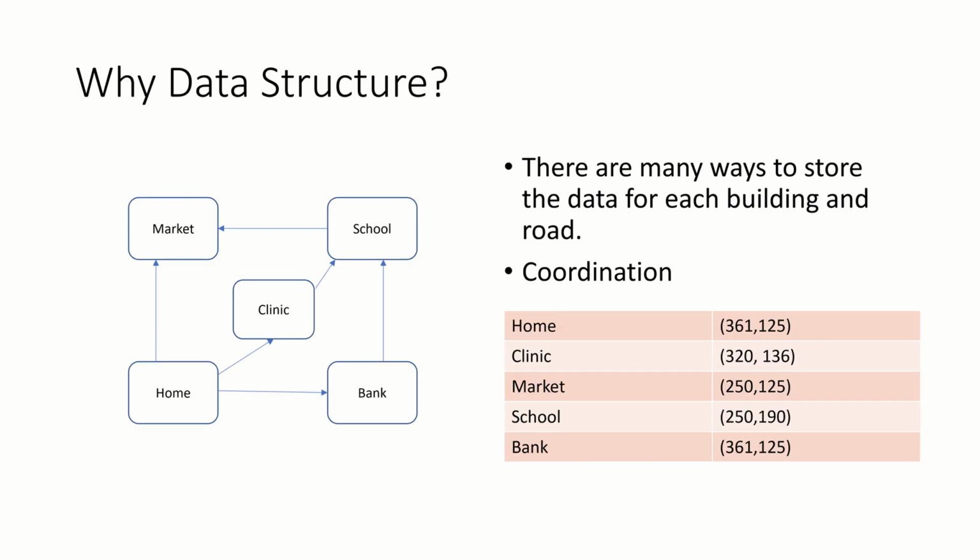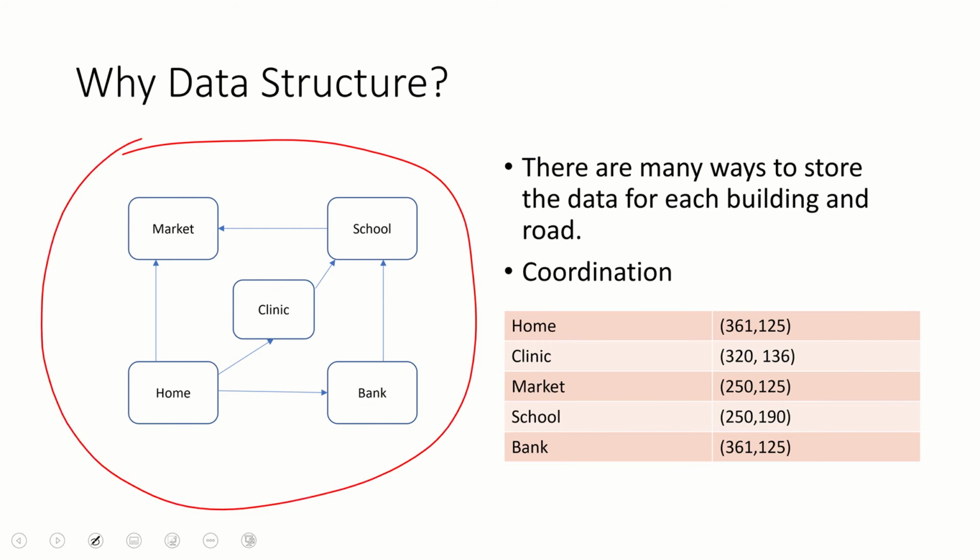So as we say, this is a map, right? And this map gives us a lot of information. For example, this arrow tells us you can only go from home to the market. You cannot go back, because the arrow tells us you cannot, which means home can go to the market, home can go to the clinic, home can go to the bank.